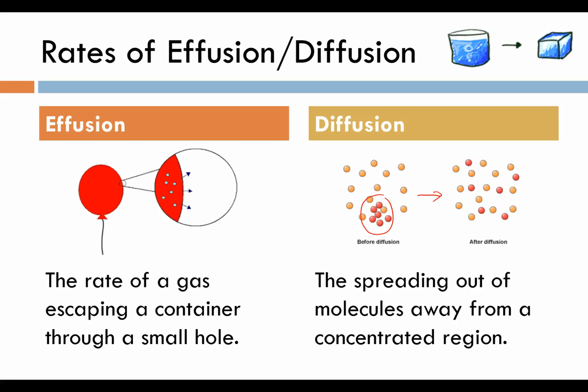And gases will diffuse in other gases very readily. You'll always have a homogeneous mixture of gases, even if you've released a new gas into a system, like the red atoms in that before diffusion picture. If you give it a couple of seconds, a couple of minutes, depending on the speed that the molecule moves and the temperature these substances are at, they're going to diffuse and become homogeneous.